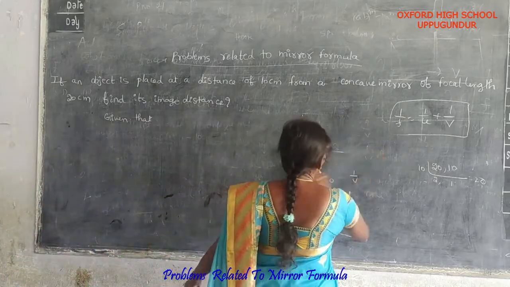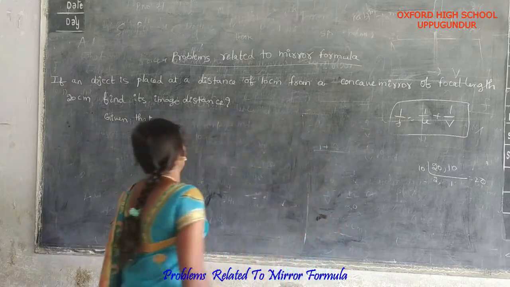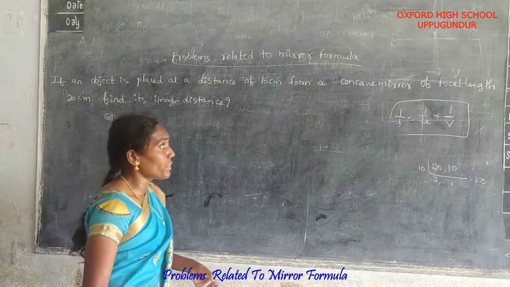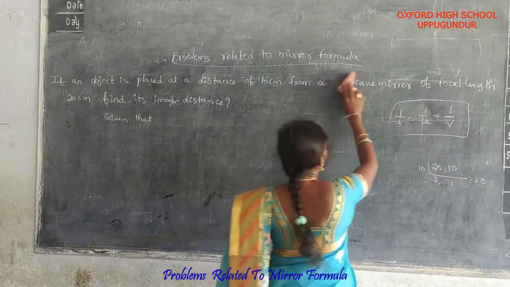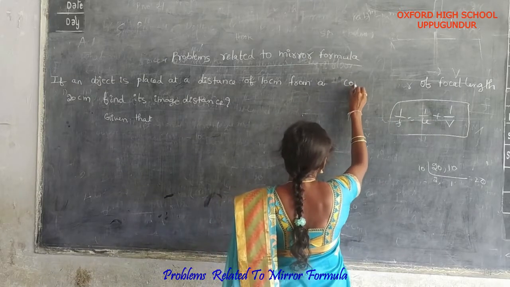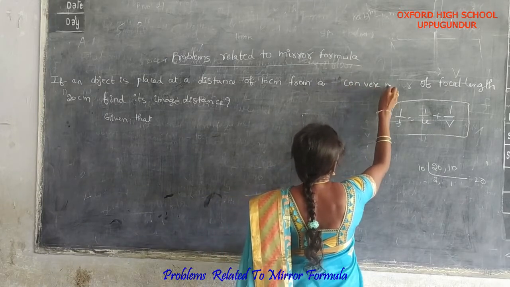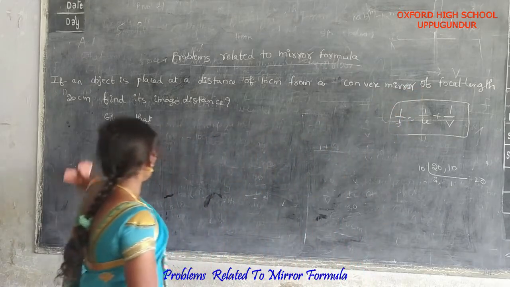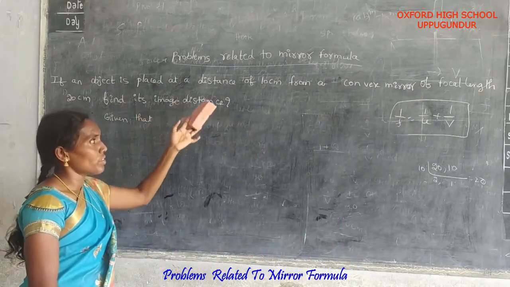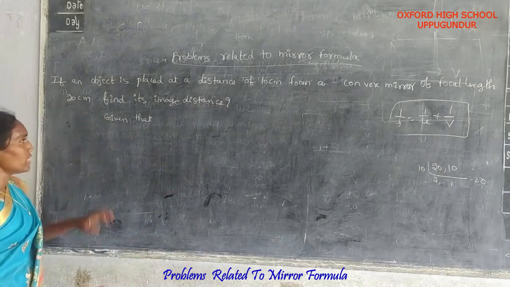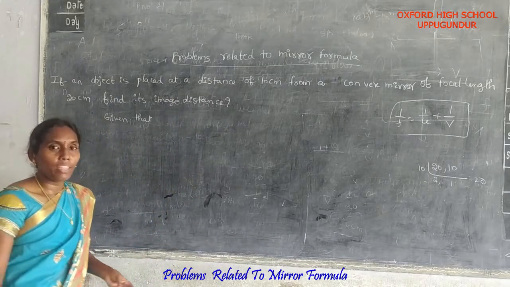Here, if an object is placed at a distance of 10 centimeters from a convex mirror. In the previous problem, concave mirror; in this problem, convex mirror. Listen carefully. If an object is placed at a distance of 10 centimeters from a convex mirror of focal length 20 centimeters, find its image distance.